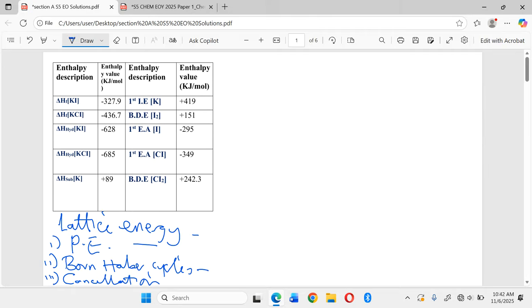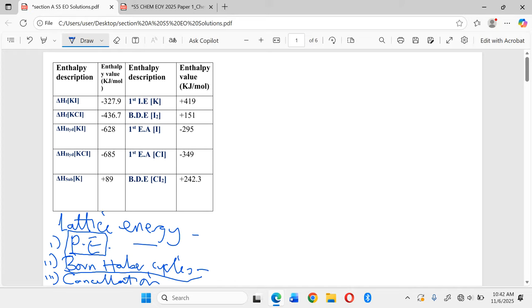Which one is simple for you? Here they have not been very specific on which one you are going to use, but it's upon you to tell us the one that you're going to apply, and then the one which is very easy for you. But for this case, I want us to use the potential energy diagram. Then also Born-Haber cycles, there's an item which wants us to use Born-Haber cycle.